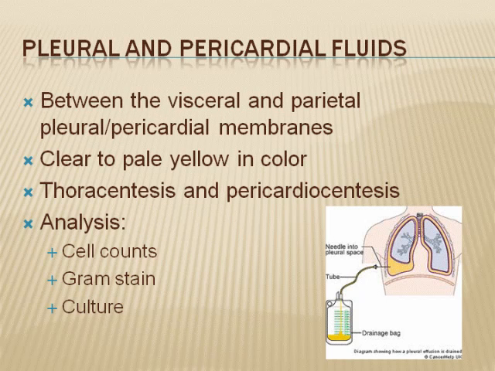Pleural and pericardial fluids. This is the type of fluid that exists between the visceral and parietal membranes, the pleura and the pericardium. Normally there is some amount of fluid here. It allows for those two membranes to coexist together and not rub against each other. It's clear to pale yellow in color, and the processes to obtain this fluid are thoracentesis and pericardiocentesis, respectively. We're going to take a look at cell count differentials, Gram stain, and culture.